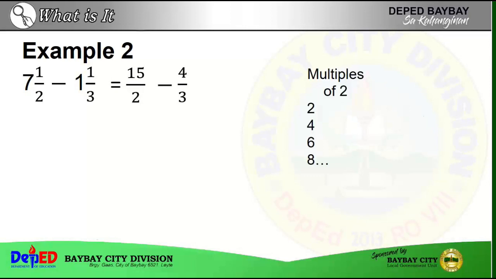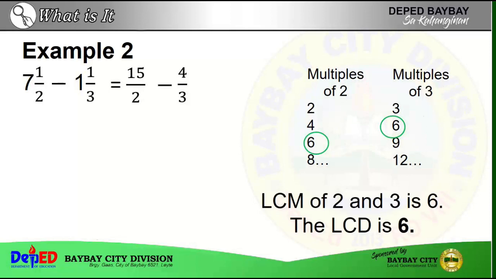For multiples of 2, we have 2, 4, 6, 8, and so on. For multiples of 3, we have 3, 6, 9, 12, and so on. As we observed, the least common multiple of 2 and 3 is 6. So our LCD is 6.